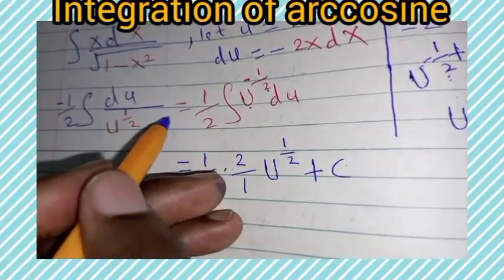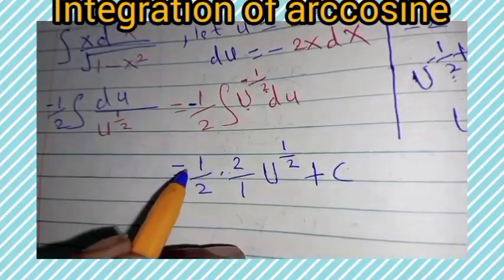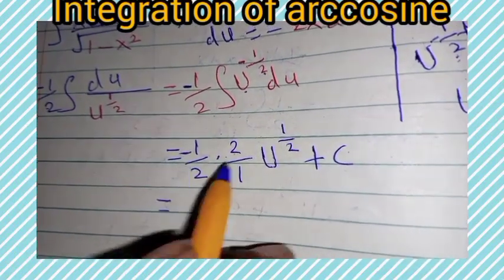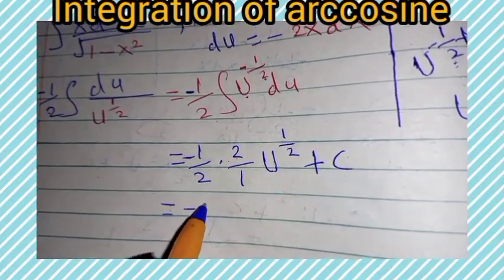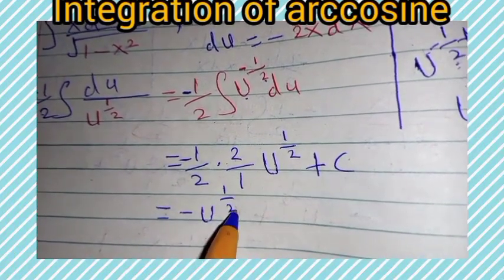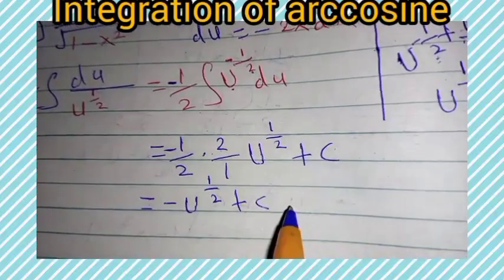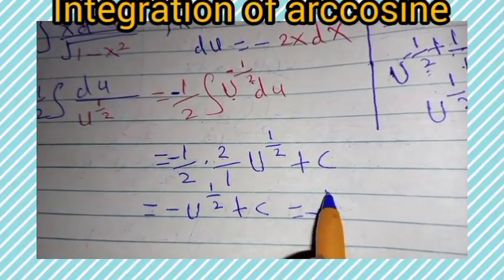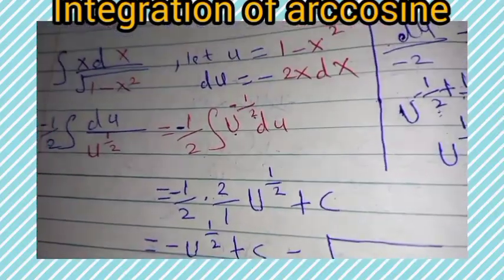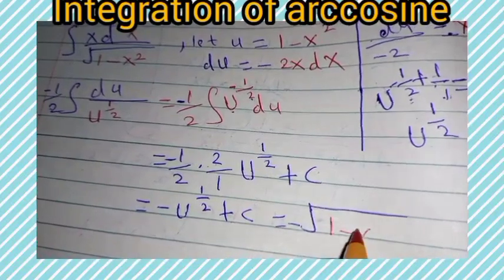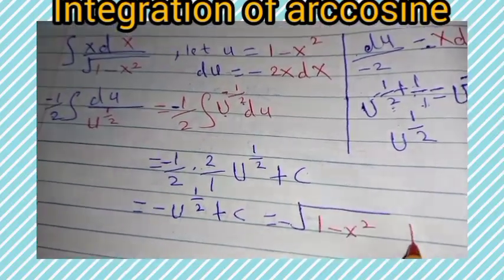Remember, there is this negative outside. This one will cancel and you will have negative u power half plus c, which can be written as negative square root of, our u was 1 minus x squared, plus constant c.